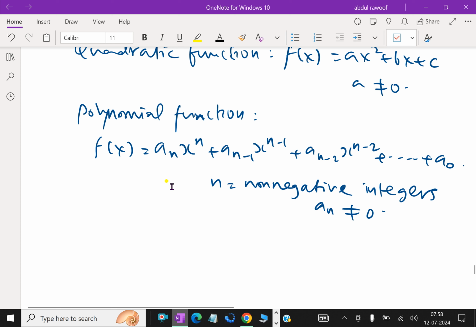This is the condition for a polynomial function.